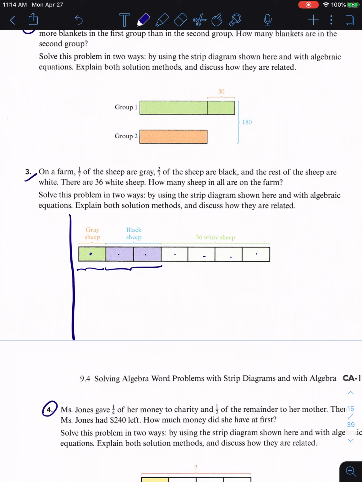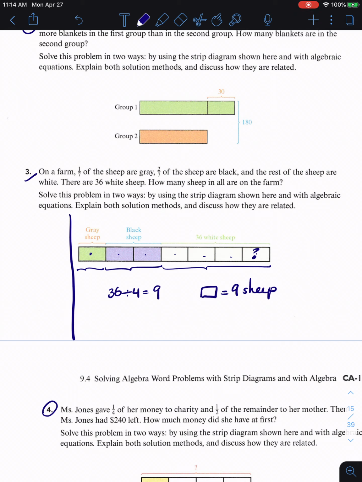So I wonder how we can figure out how many sheep there are on the farm. Well, we know that this is 4/7. Can't we figure out what one of these is? 36 white sheep across 4 different little rectangles, right, should be 9. So we know that this is 9 sheep, right?